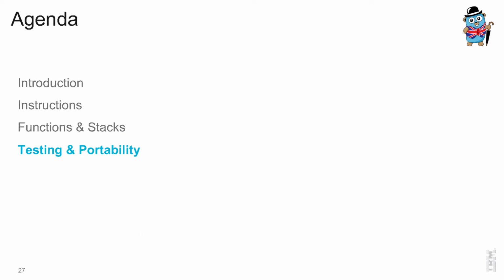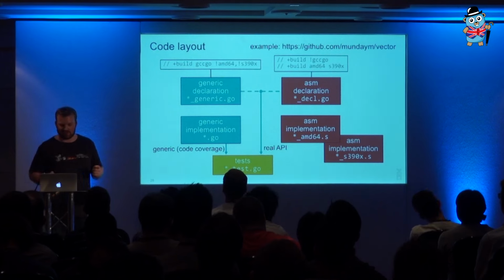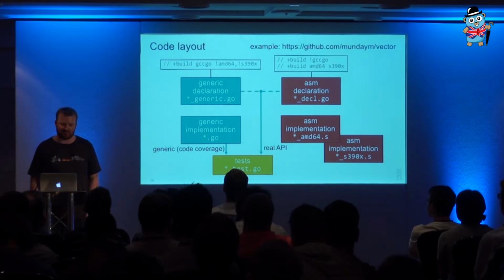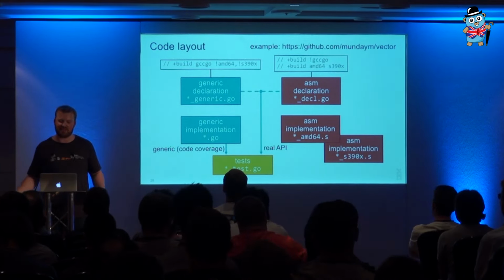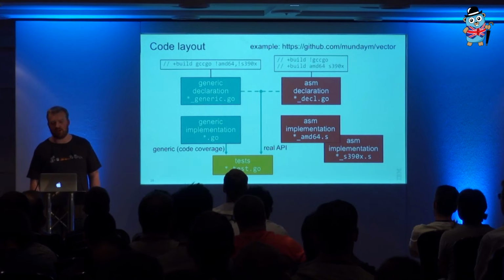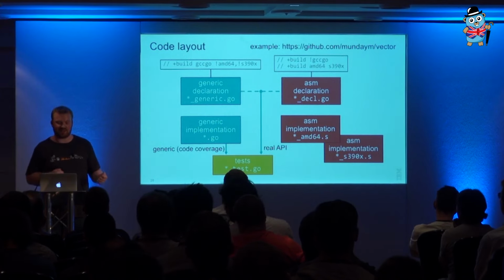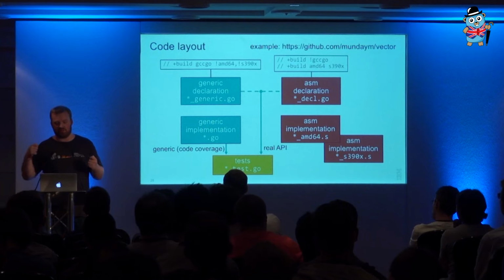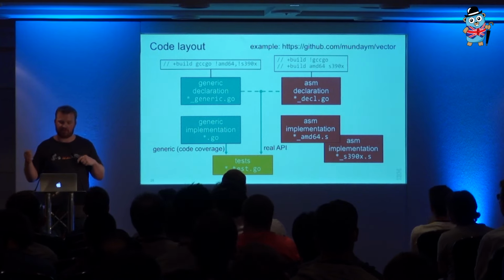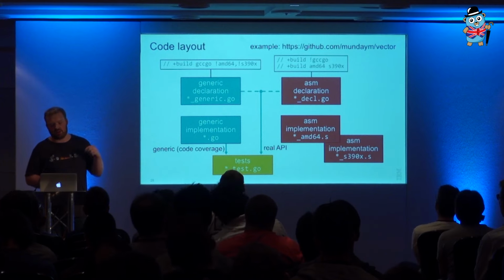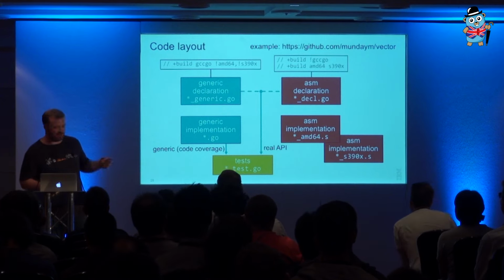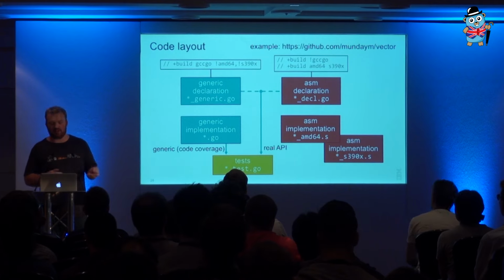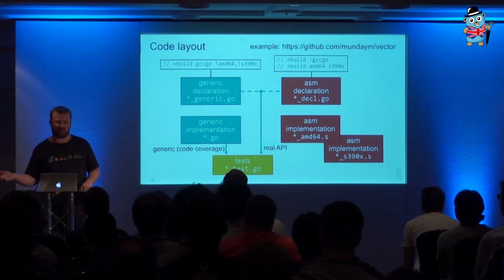And so finally, I'll just talk very briefly about testing and portability. I've got a little code layout template that's based on what I've seen in the Go compiler. The main thing to bear in mind here is things like build tags, making sure you don't build on GCC Go, and the other thing is to make sure you have a nice generic implementation that you can use for testing against, and for architectures for which you haven't written handwritten assembly.